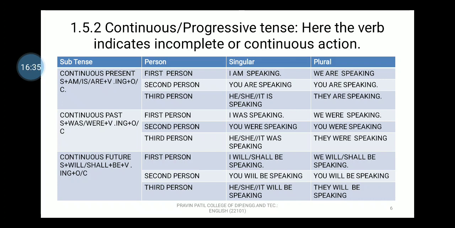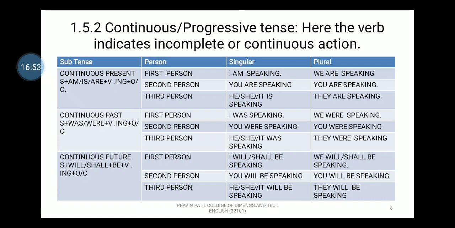Next video we are continuing with perfect, present perfect, past perfect, future perfect, and present perfect continuous, past perfect continuous, and future perfect continuous. Then we discuss the uses, and then we discuss the exercises.